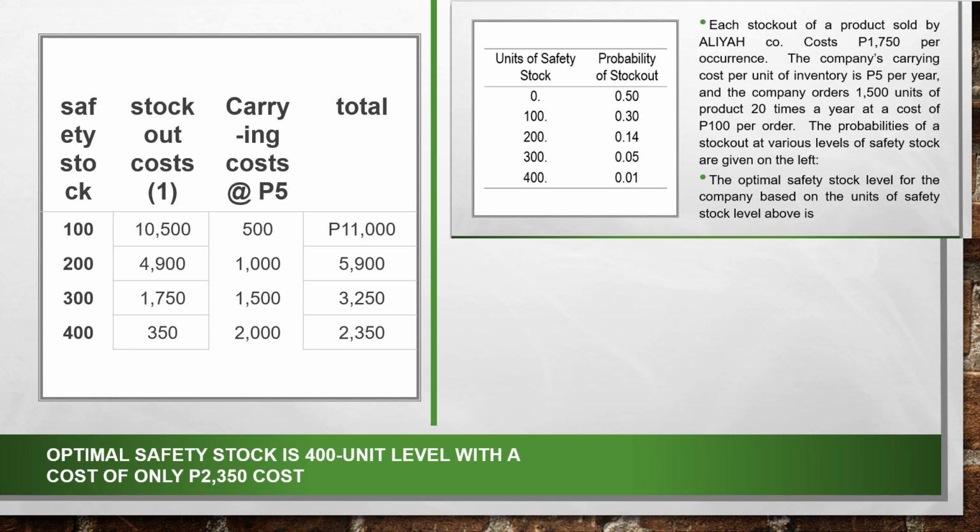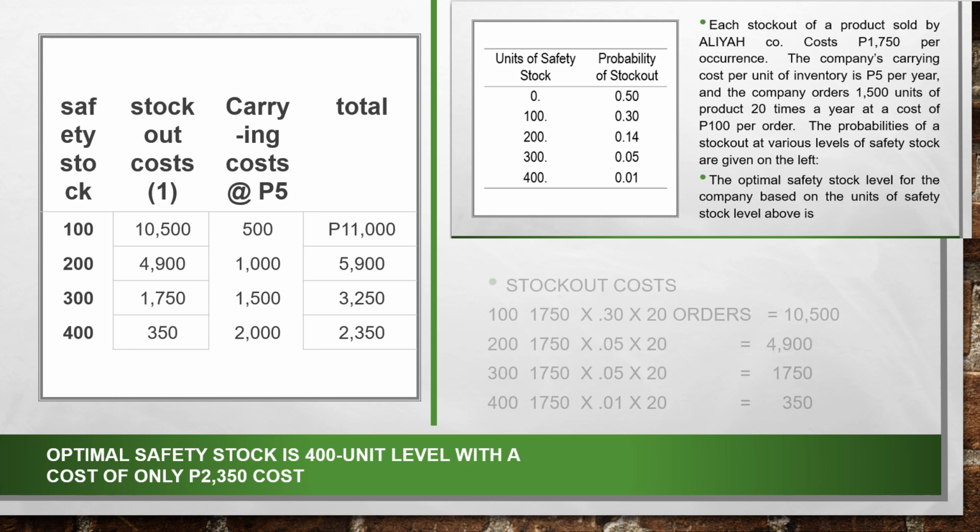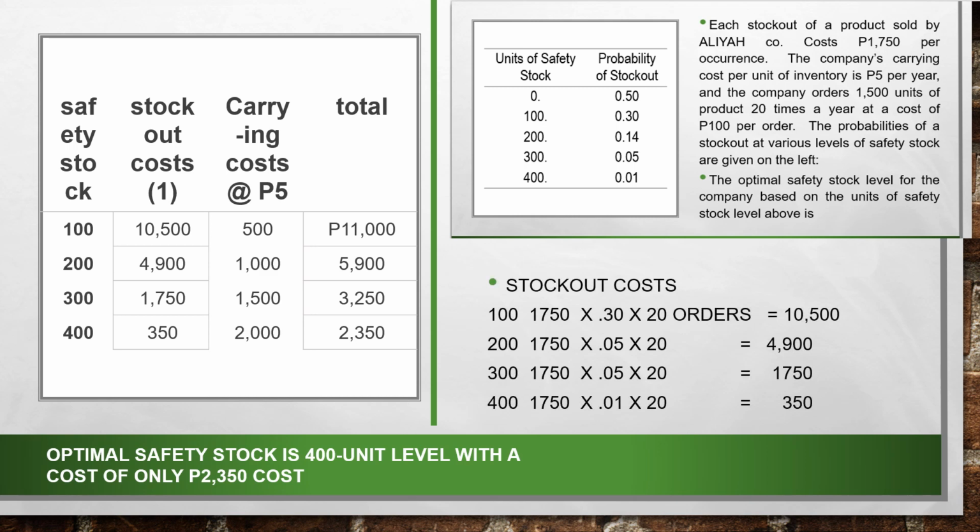Okay, so in solving this problem, we need to get the stock out cost first. Our stock out cost is 1,750 per occurrence. So we just multiply that with the probability of its occurrence for every safety stock level.